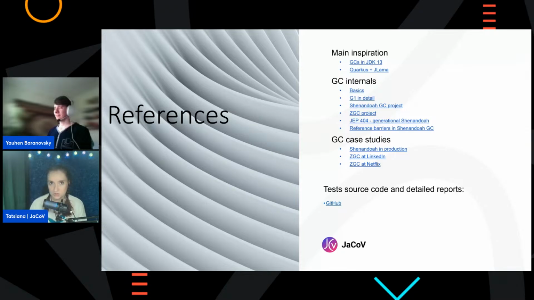521, which is about this part. By the way, are there any known estimations about the non-generational part? Please clarify. The generational version will be released in the 25th JDK.